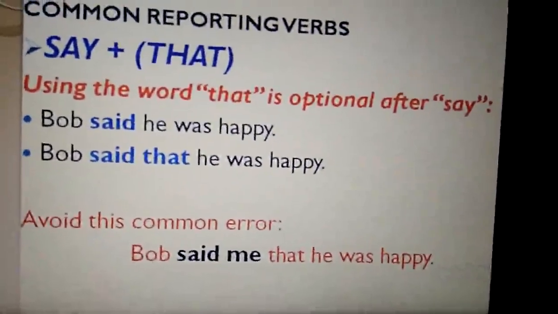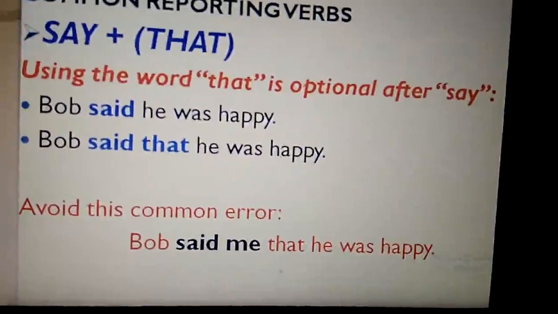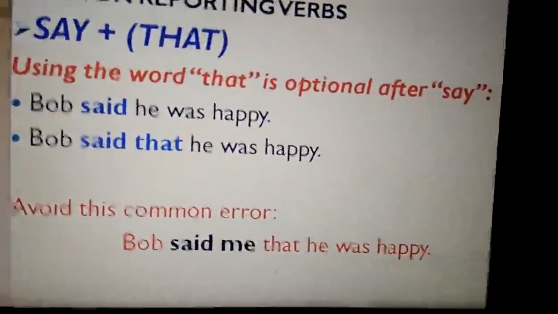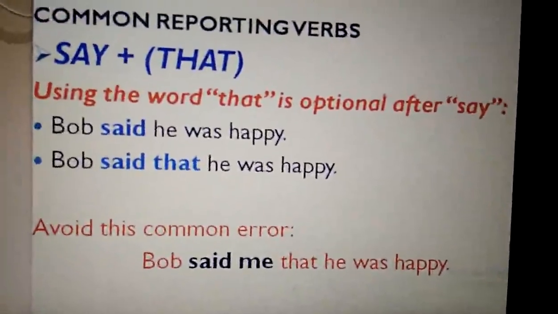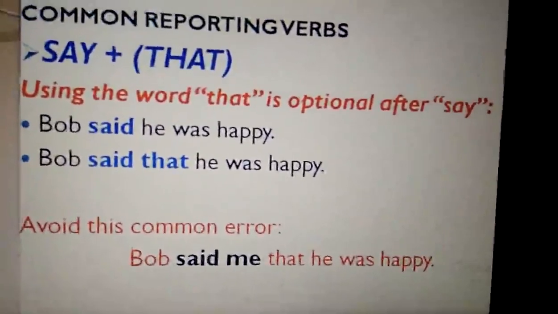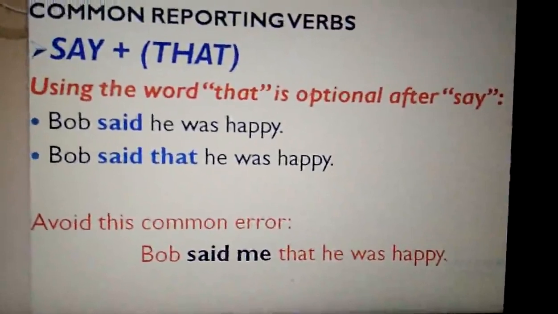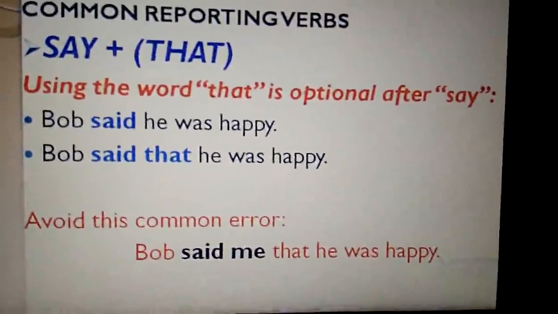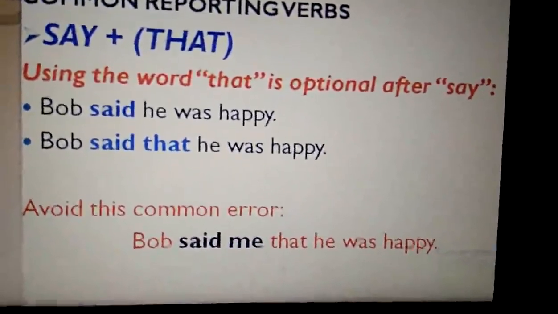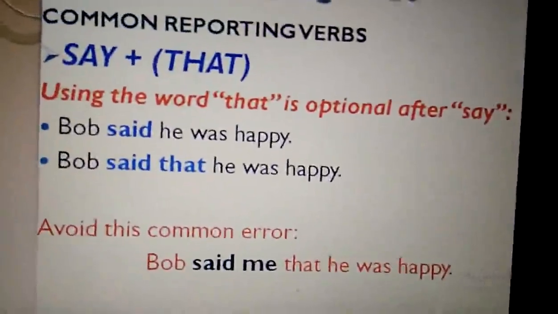And one thing you should remember is that the use of that after say is optional. We may use it or may not use it. So after say, that is an optional word which we may use or we may skip. Both the examples given here are correct.